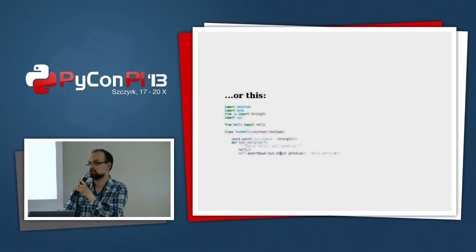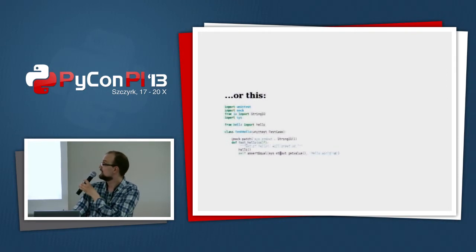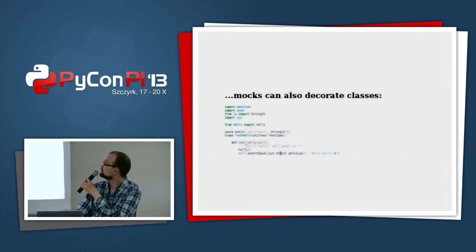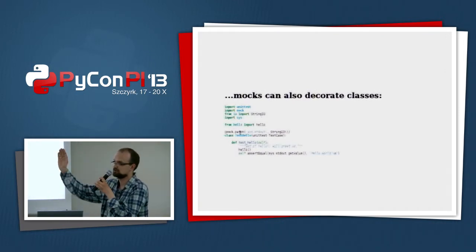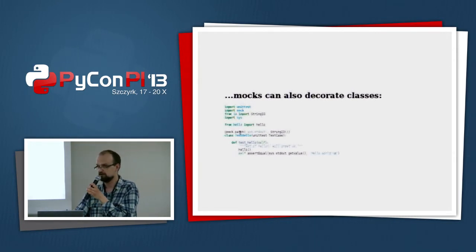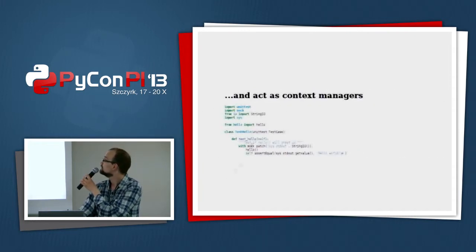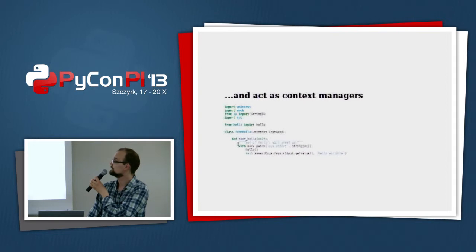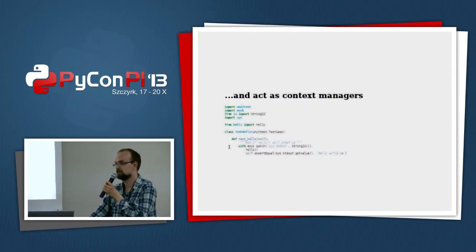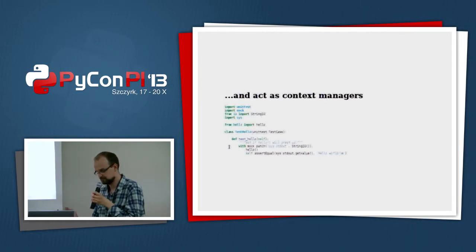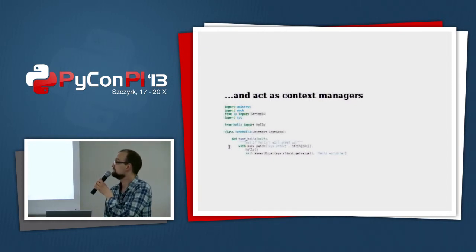I will also show that the mock module has some other ways to be used. We can mock the whole class if we want to have something mocked in all the functions, or if we want to mock something only in a block, we can use with. I don't know if all of you know what with is, because it's a feature that wasn't introduced in Python from the beginning, but it's very powerful.